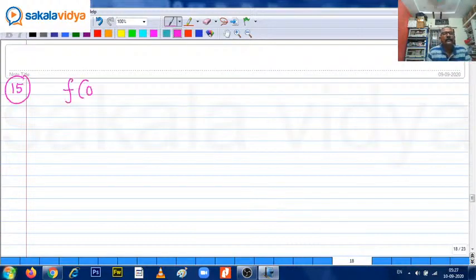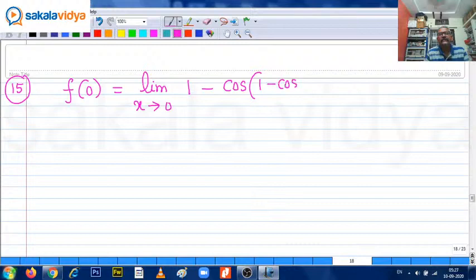f of 0 equals the limit as x tends to 0 of 1 minus cos of (1 minus cos x) upon x to the power of 4. So let us do one thing. Let us find this 1 minus cos x limit first.